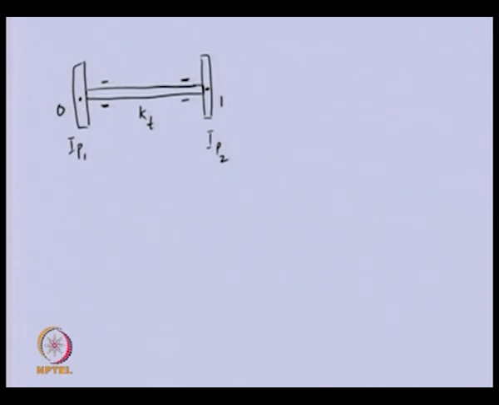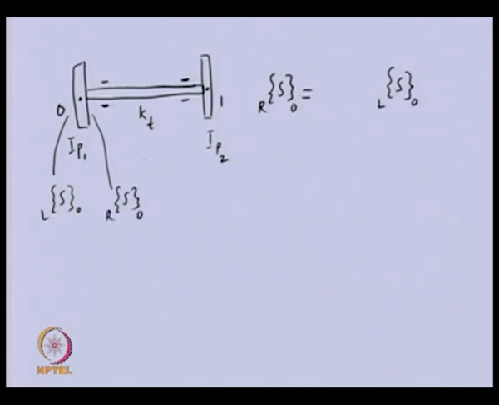Now we can relate the state vector at station 0, that means left of disc 0, and we want to obtain the state vector right of station 0. Here is left of disc 0, and here will be right of disc 0, and in between there is a disc.